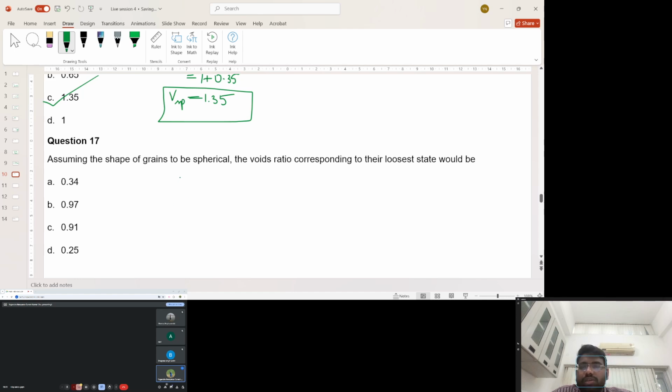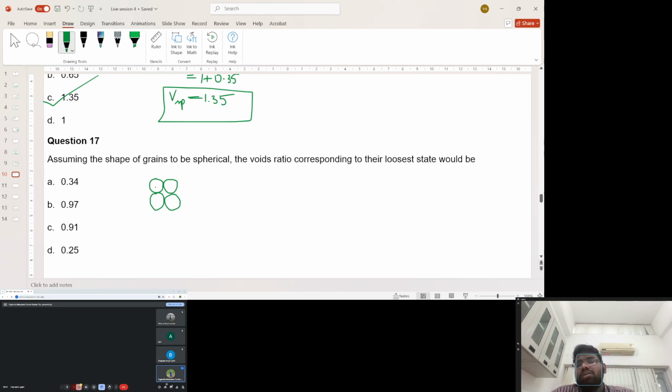There are 2-3 types of arrangements. One of them is known as the cubical arrangement. In this particular arrangement, the grains tend to be at their loosest state.